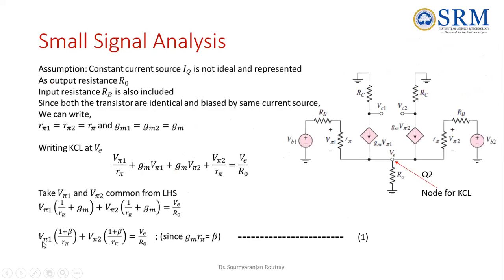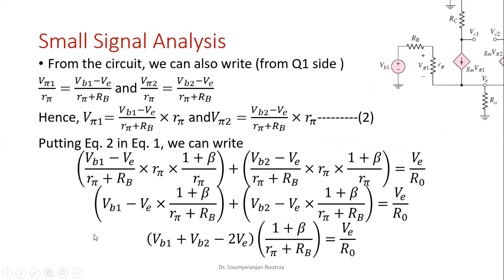Equation 1 is this equation. In place of V pi 1 and V pi 2 we can put the new expressions. So you see here, in place of V pi 1, I put this full equation. Any doubt? In place of V pi 2, I kept this one. Rest of everything is as it is in equation 1, the right hand side also as it is.